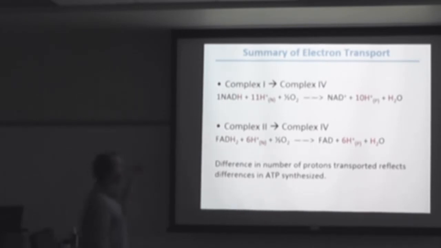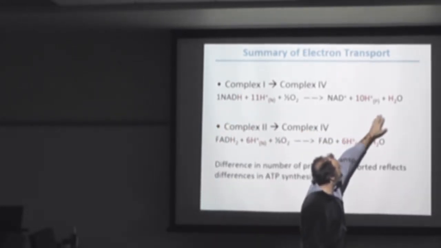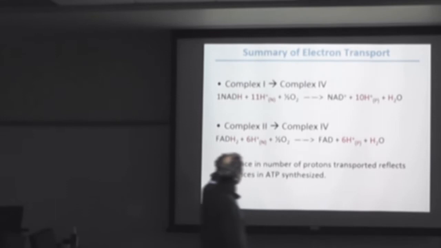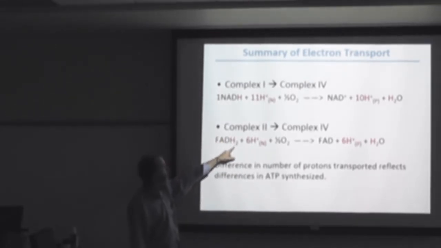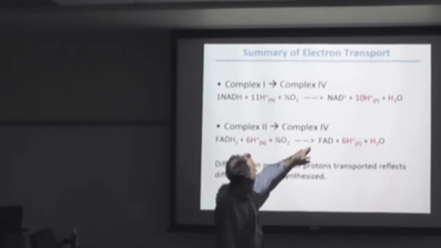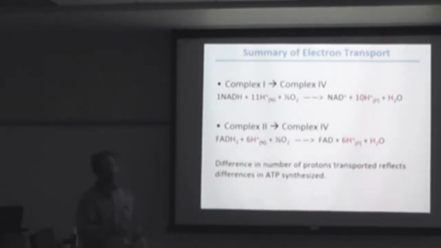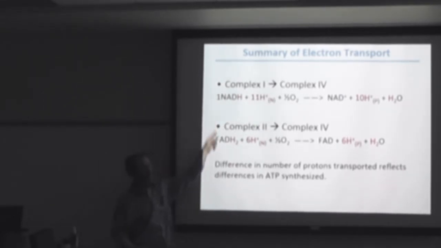So from complex 1 to complex 4, from 1 NADH, we get 10 protons pumped across and 1 water molecule made. From complex 2 to complex 4, we get 6 protons pumped across, and FAD, and then 1 water molecule also. So we get more energy coming from the NADH rather than from FADH2.